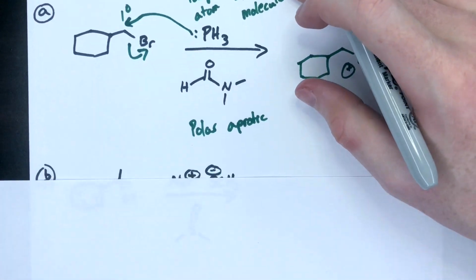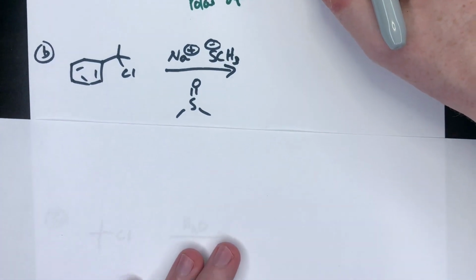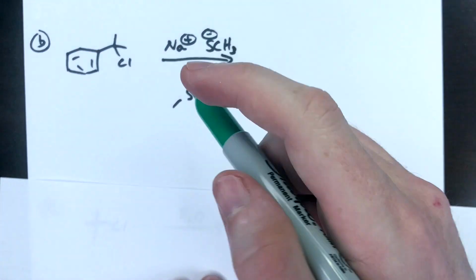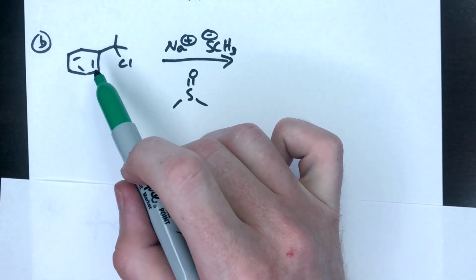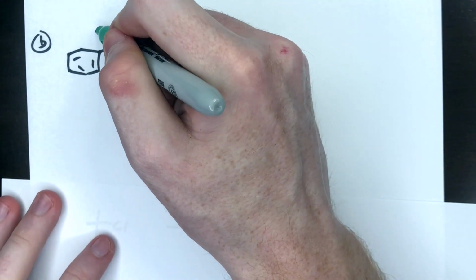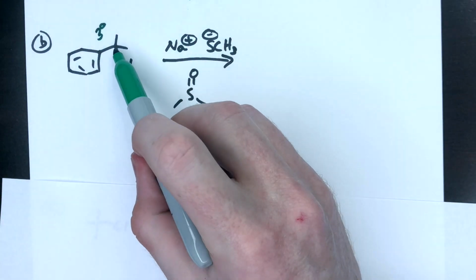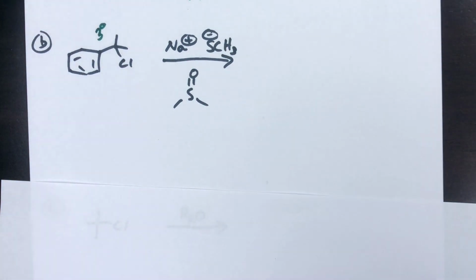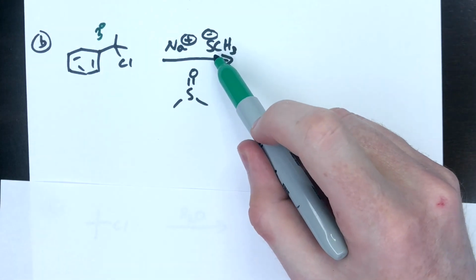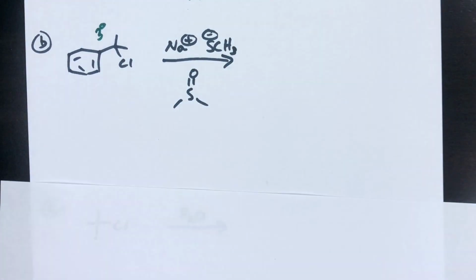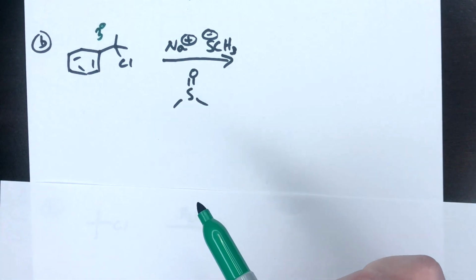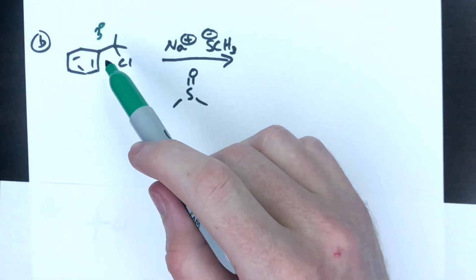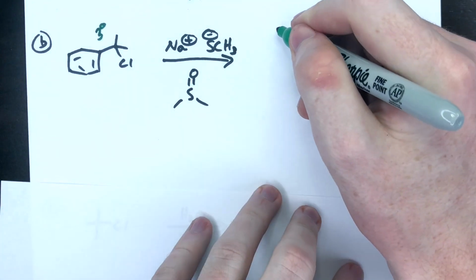Okay, next question, look at B here. So we have a benzene now in this case, and a tertiary alkyl halide. This carbon is bound to the benzene and these two methyl groups. That makes it tertiary. This is a large atom and a small molecule, and this is a polar aprotic solvent. So these conditions would all be very suggestive of SN2, but the fact that this is tertiary means it will not be SN2.